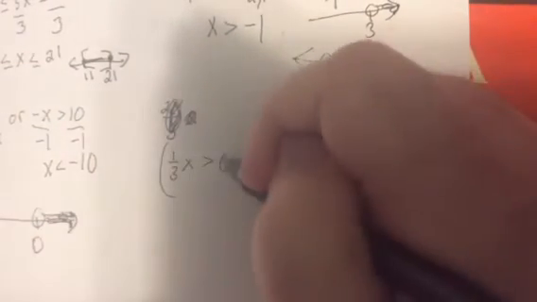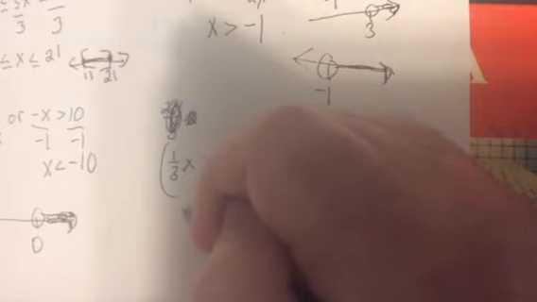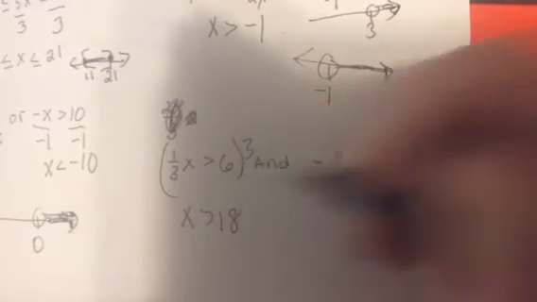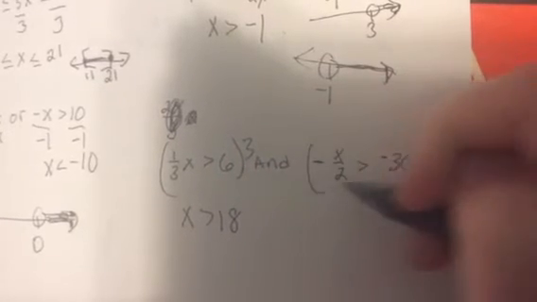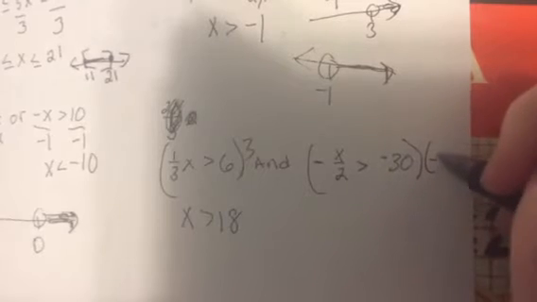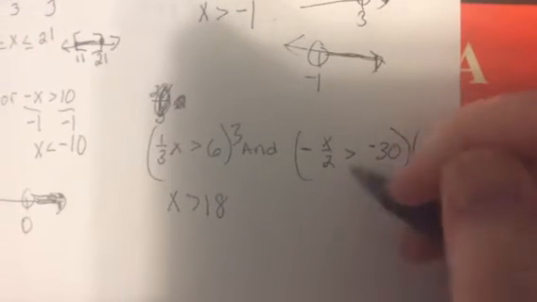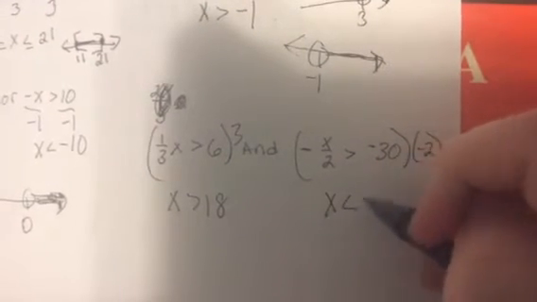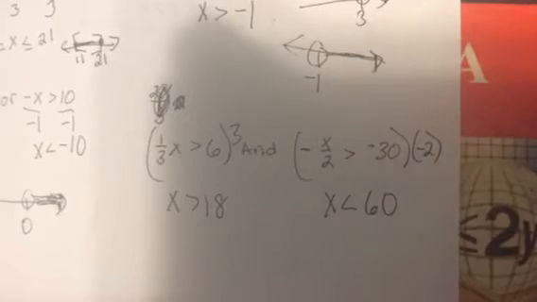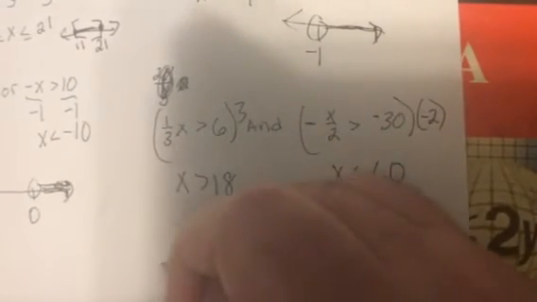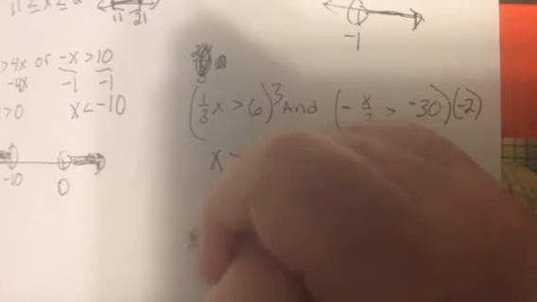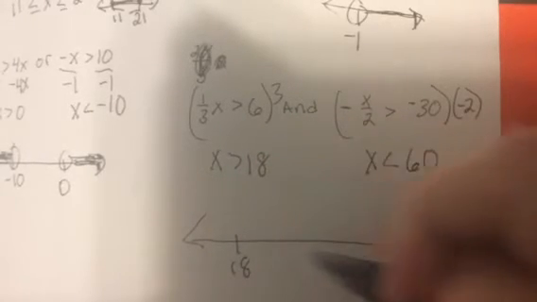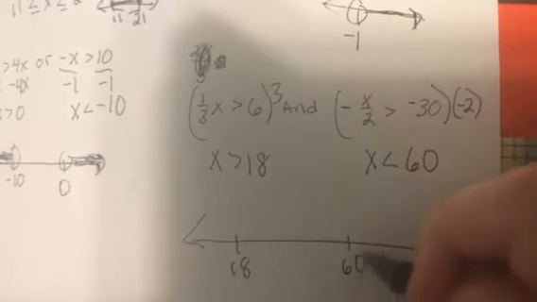And let's see, for this one, multiply both sides by 3. So x is greater than 18. Here, multiply both sides by -2. So x is less than 60. So it'd be everything between 18 and 60.